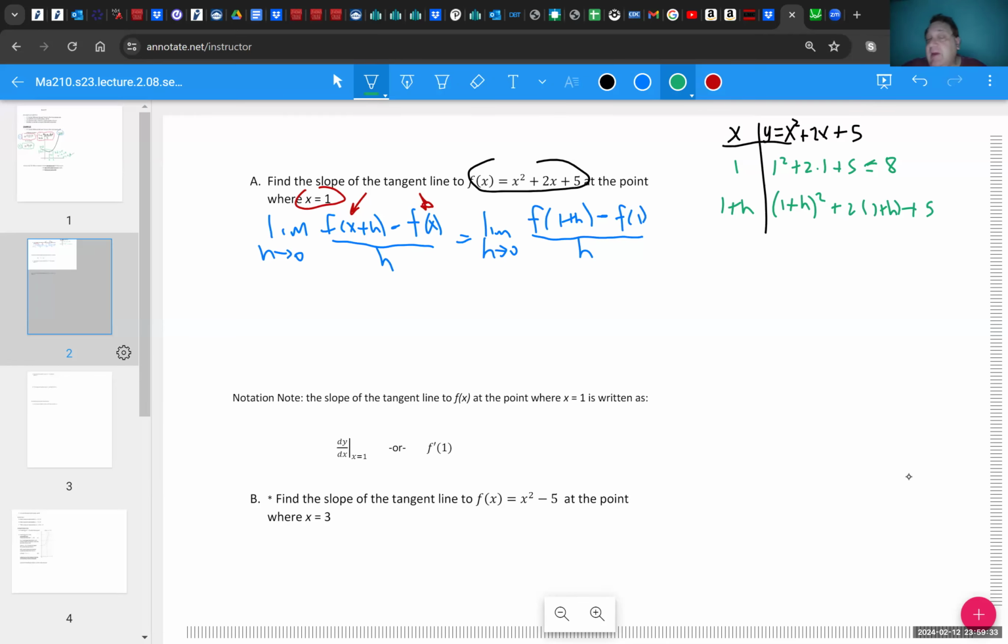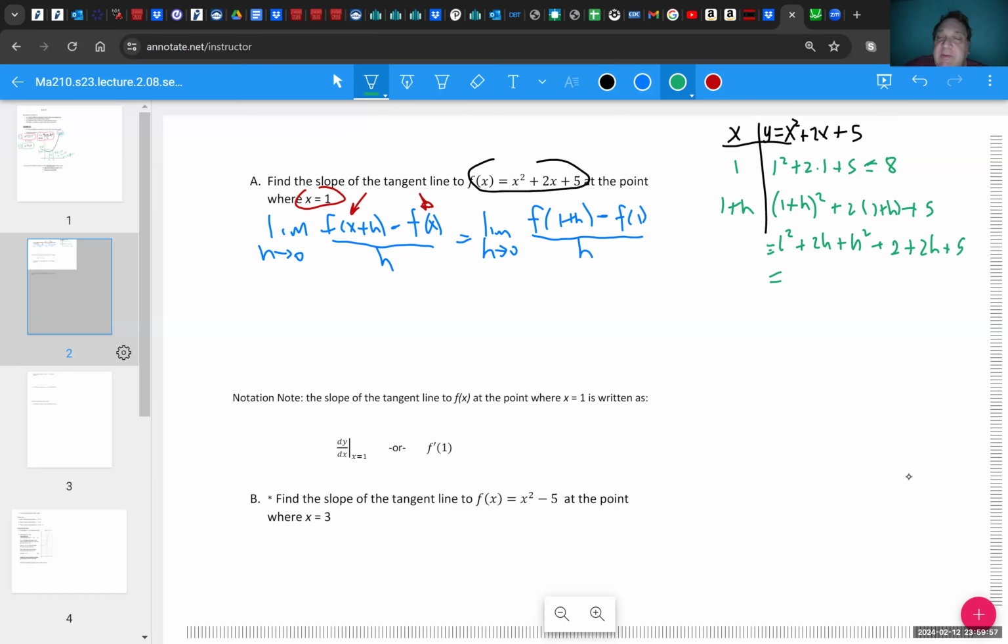I have to use my algebra by multiplying this out. Remember to distribute or FOIL or however you remember to simplify these things. So I get 1 squared plus 2 times h plus h squared. And then this one's just a normal distributive property. So 2 times 1 is 2, plus 2h. And then we have this plus 5 at the end.